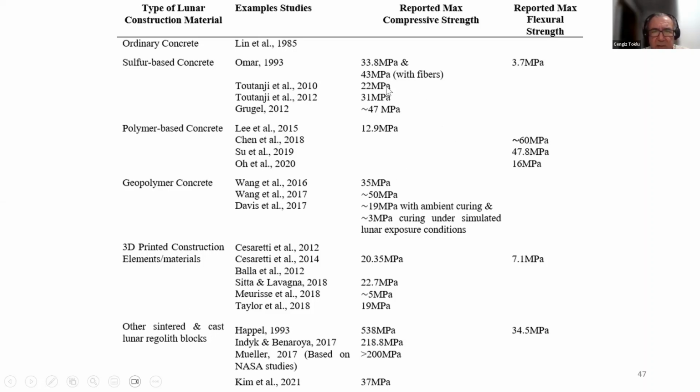You see that the first column is compression resistance, and on the right we have strength in flexion. For example, in flexure, in bending, the strength is 7 megapascal, while in compression it is 20 megapascal.